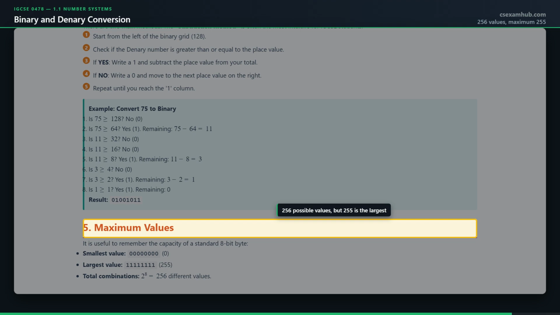The largest value is 1 less than that, because the counting starts at 0, not 1. 0 is itself one of those 256 values, so 256 possibilities, largest value 255. Read the question carefully and give whichever one it actually asked for.